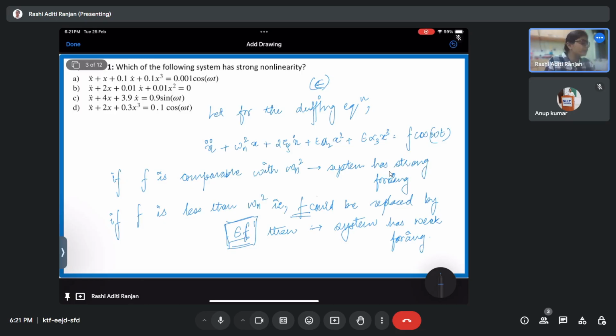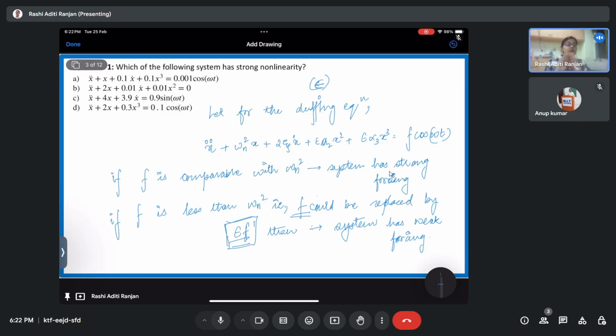However, it is worth mentioning that these terms are highly relative. For example, if I'm comparing two Duffing equations with each other, then only I can say that any of the two is having strong nonlinearity or weak nonlinearity, right? I cannot take a Duffing equation and just compare it with the Van der Pol equation.